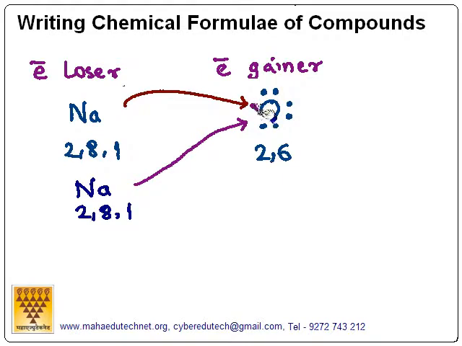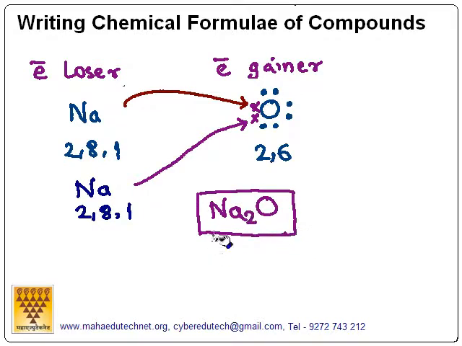Also, the oxygen atom has 8 electrons in the outermost shell, so it also completes its octet state. So the compound formed will have the formula Na2O, with 2 sodium atoms and 1 oxygen atom.